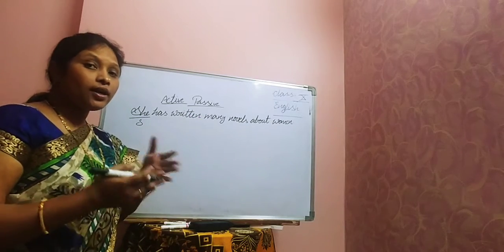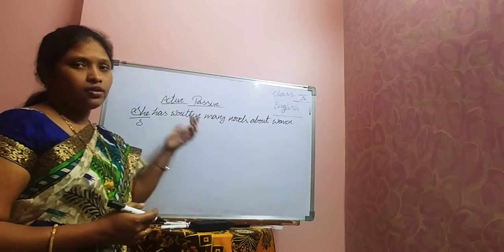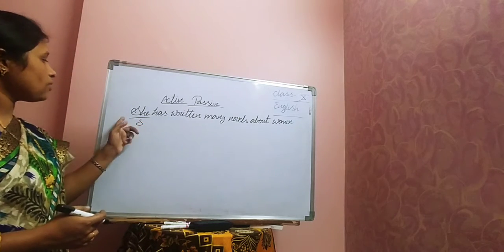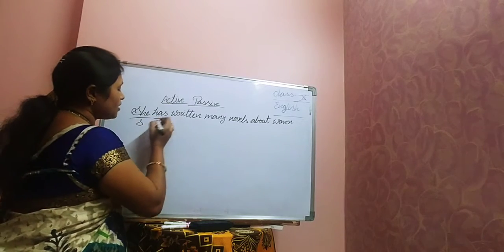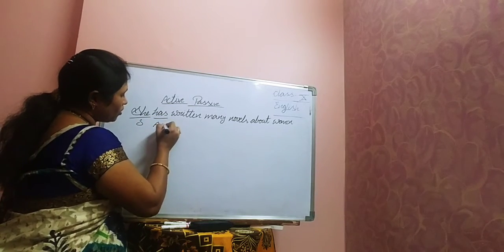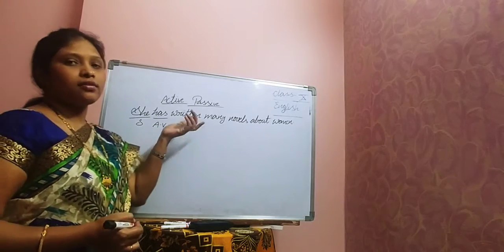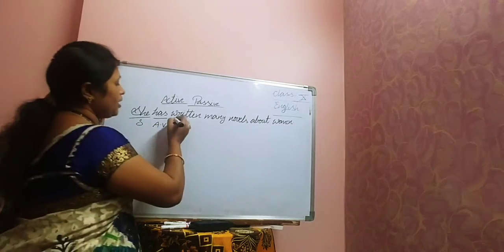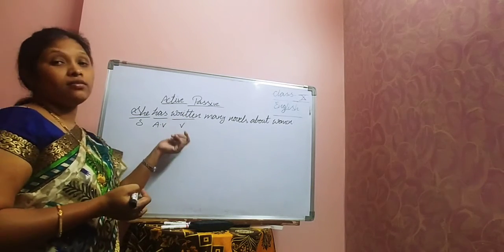The work done by her was writing novels. So she did something; that's why she is the subject. Next, has is an auxiliary verb. Written is clearly the main verb.